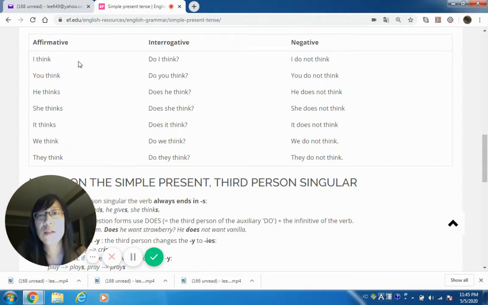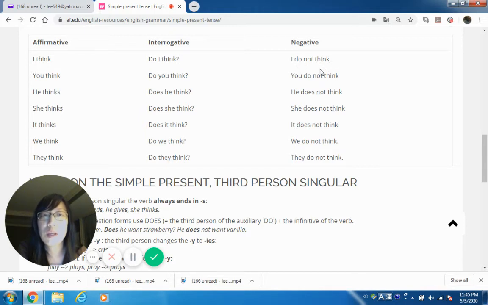That's not the correct sentence. To make this into a negative sentence, you have to have a helping verb again, and we're going to use do in this case. By adding do, it's not going to add any additional meaning to the original sentence, but it's going to give the meaning negative, not. So, I do not think.